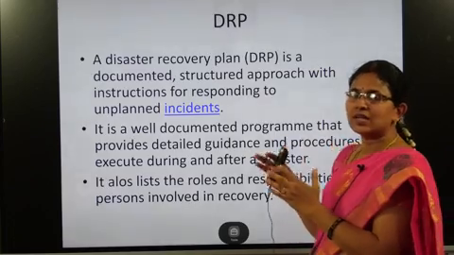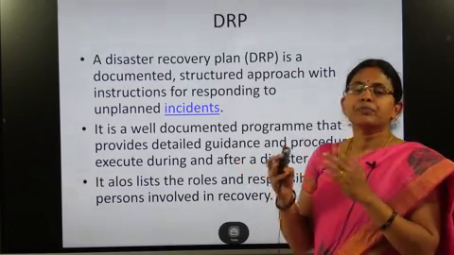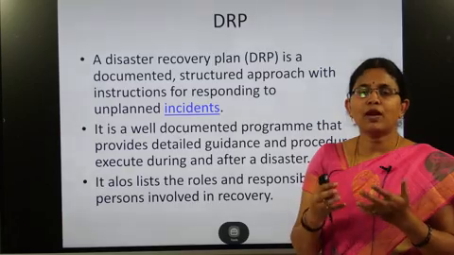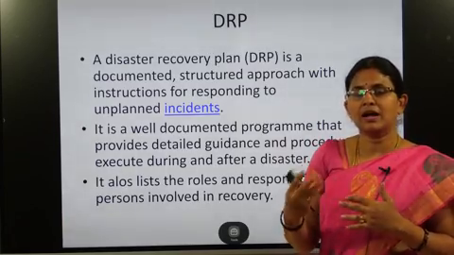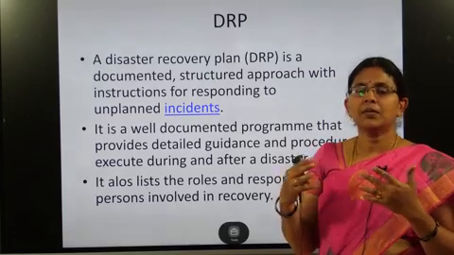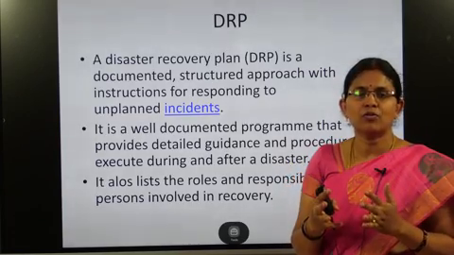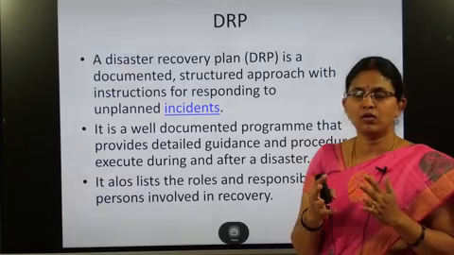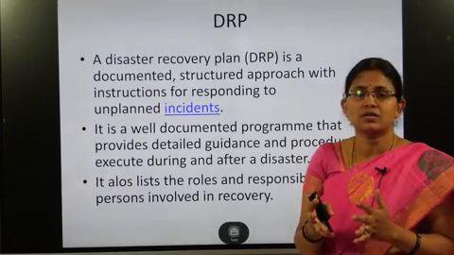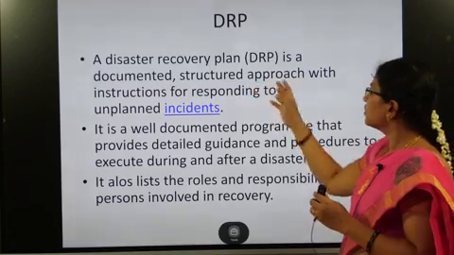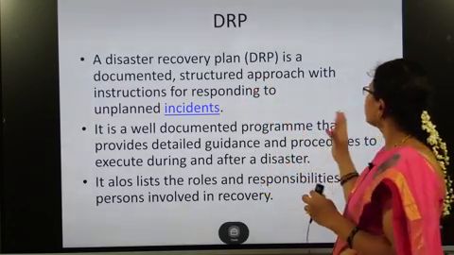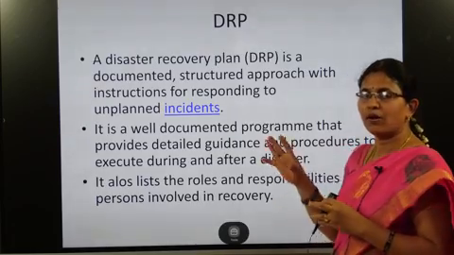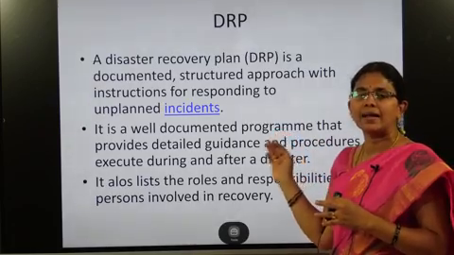So this disaster recovery plan is nothing but preparing for unplanned incidents. If something is going to happen, predicting that in advance and making recovery plans so as not to suffer any loss related to the incident. A disaster recovery plan is a documented, structured approach with instructions for responding to unplanned incidents.